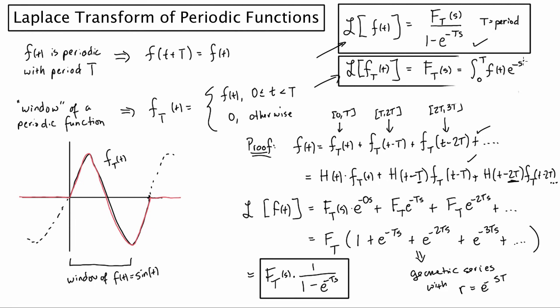I'm going from 0 to the end of the first period. And so it's just an integral formula that's involved. So that is the formula in this case of the transform of the window.